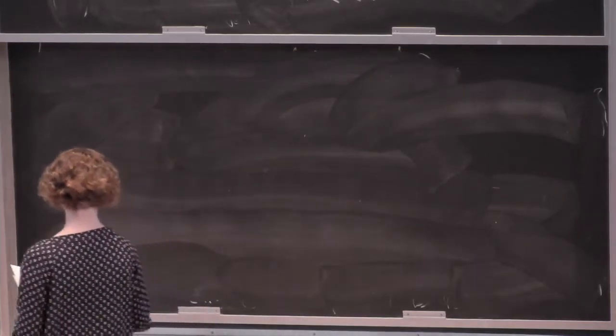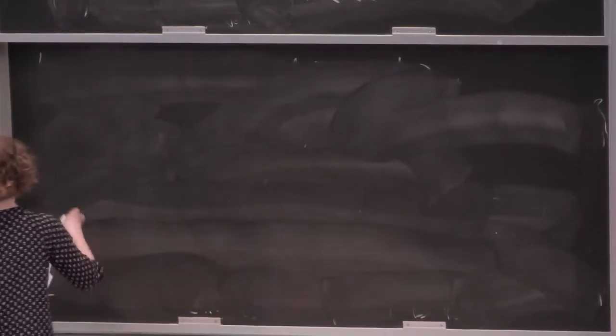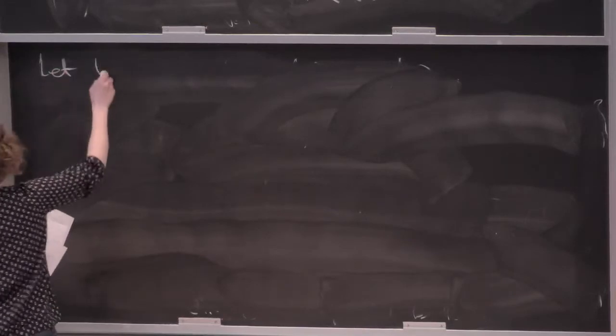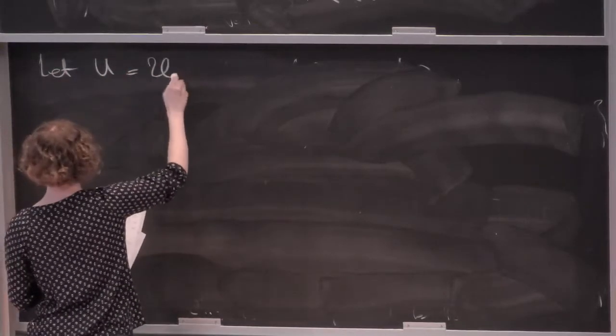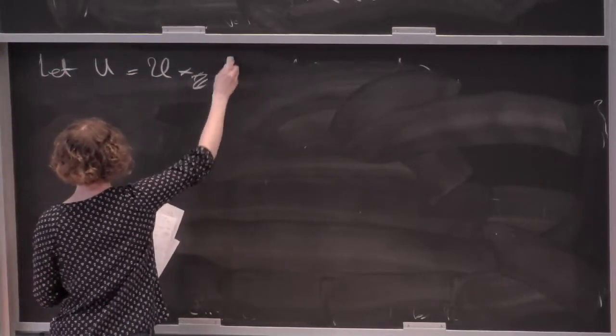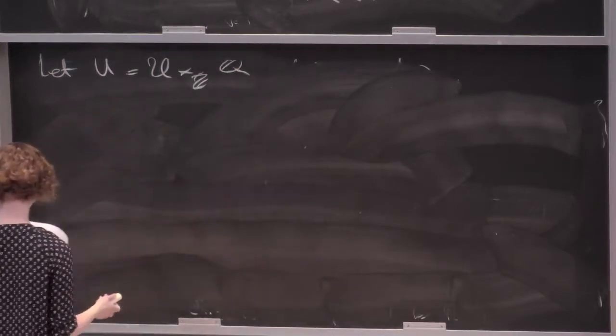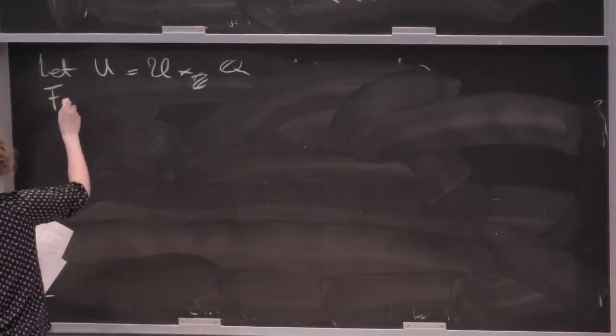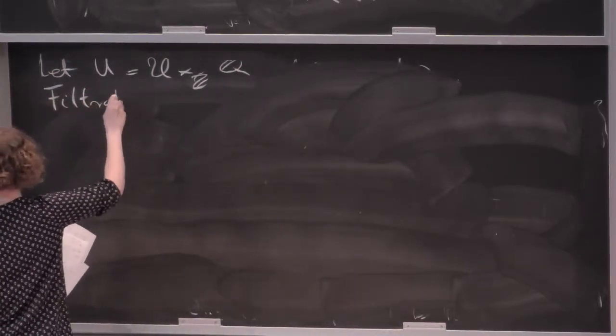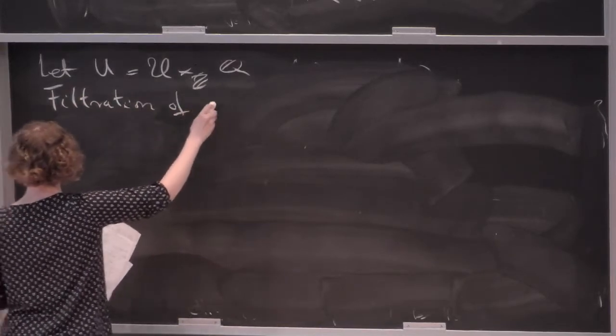Namely, there's a filtration of the Brauer group in sort of 3 parts. So first, let's say U is again this variety where I consider it as a variety over the rationals. We have a filtration in the following way.